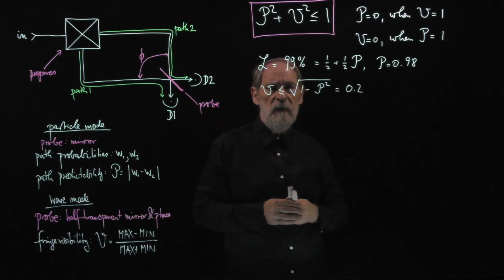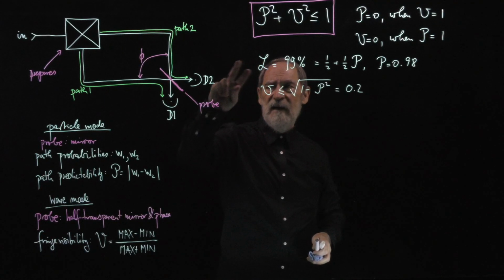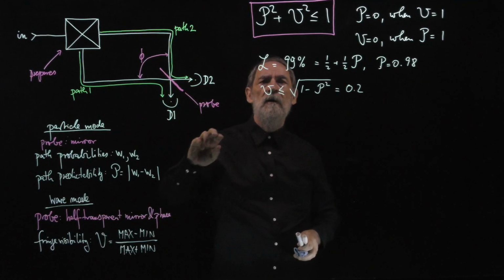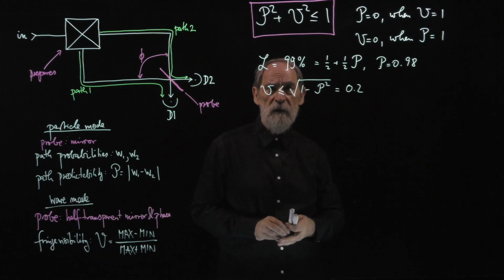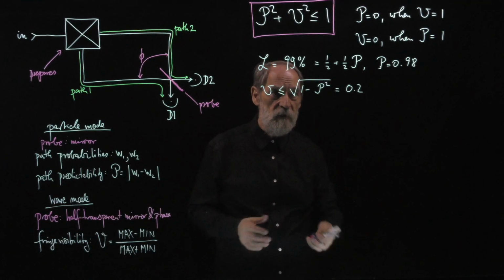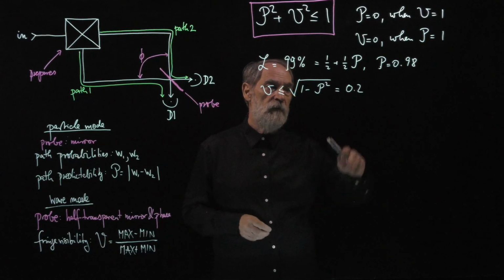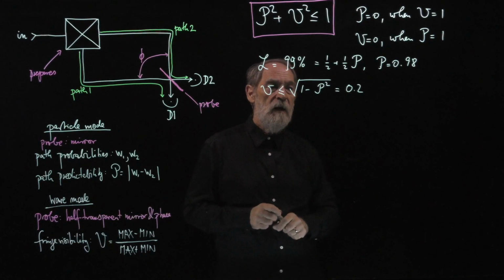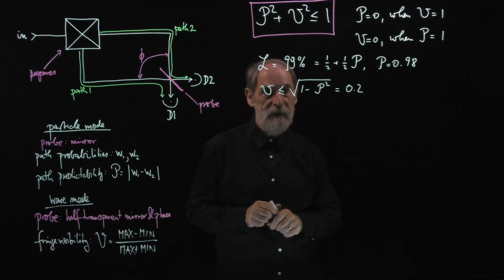Which is to say that in a situation where we can guess the path right almost always, and get it wrong only for 1 in 100 particles or 10 in 1,000 particles, we can still have interference fringes with a visibility of 20%. And those are fringes which are very easily recognized by the naked eye.